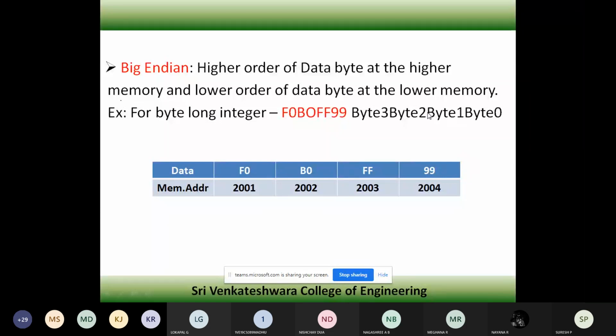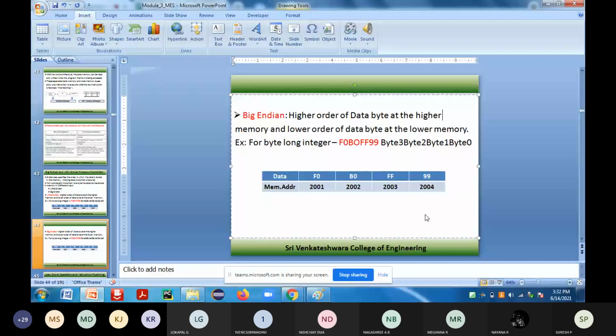So it will be reversed here, compared to little endian.